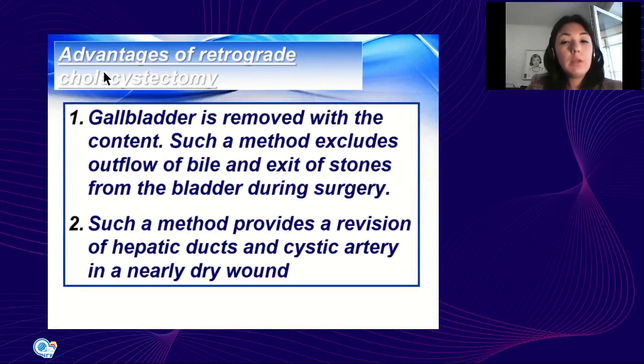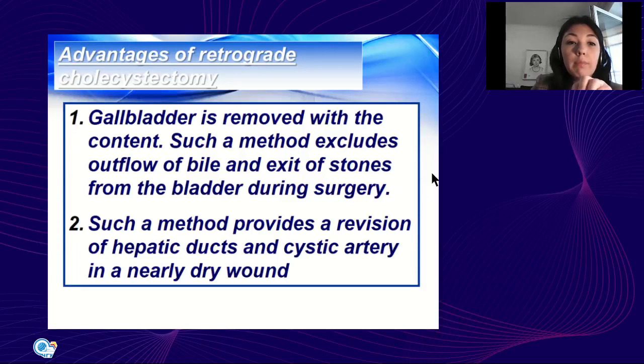So what are the advantages of retrograde cholecystectomy? The gallbladder is removed with its content. Such a method excludes outflow of bile and exit of stones from the bladder during surgery, because the very first thing we do in this case is ligate the cystic duct.